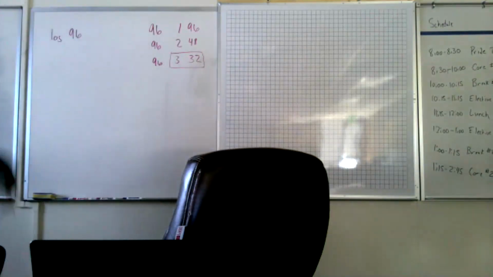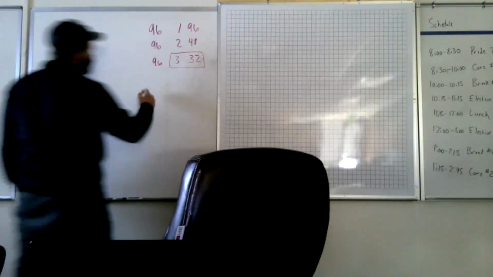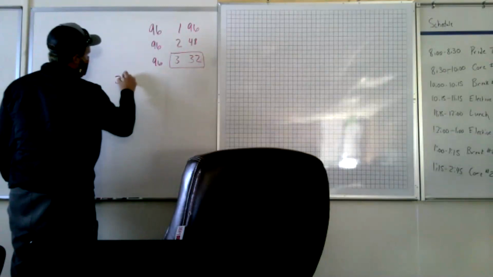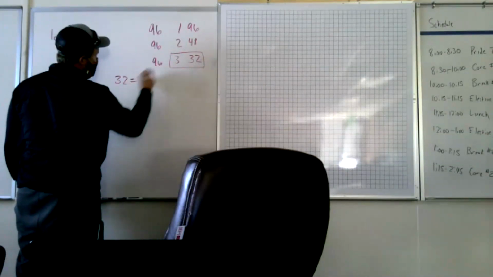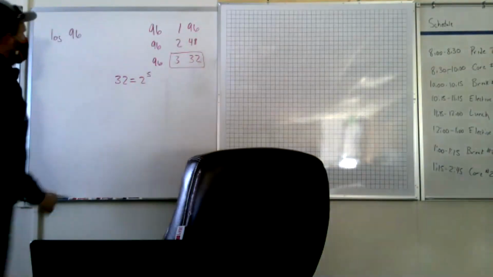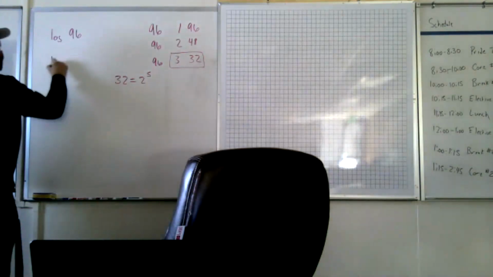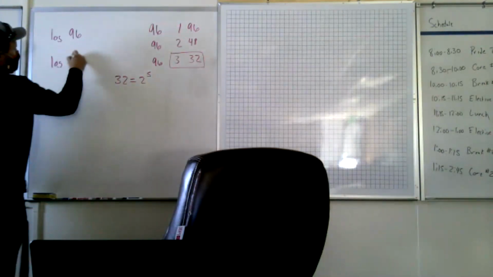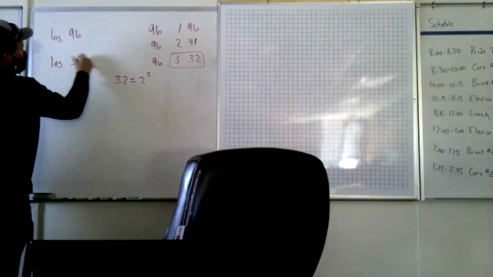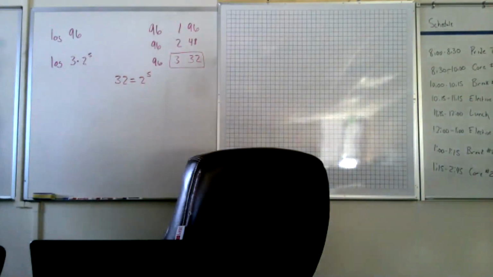And the reason I like 3 and 32 is because 32 is equivalent to 2 to the 5th. So this log of 96 is really the log of 3 times 2 to the 5th, or 3 times 32.